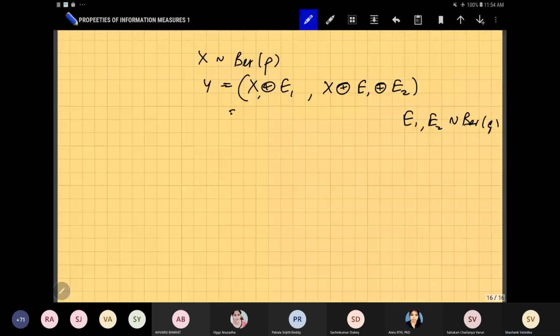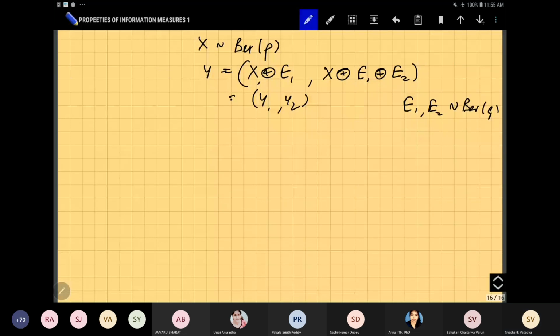So this is y1, y2, where y1 is x XOR e1, and y2 is x XOR e1 XOR e2. So x is just a single bit, but y is basically a pair of bits. And my f of y is just basically y1. Now, can you see that given f of y, x is independent of y?